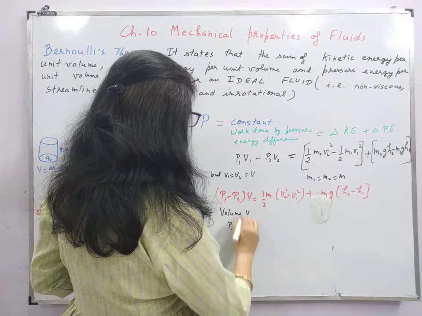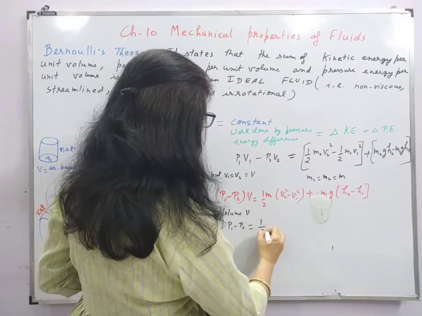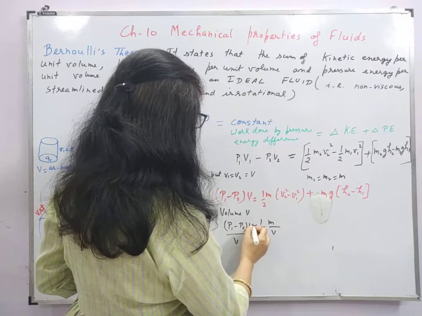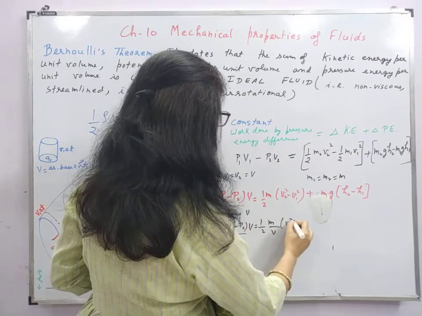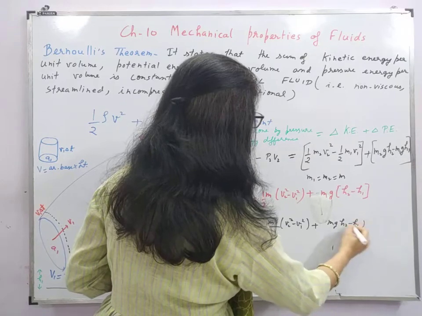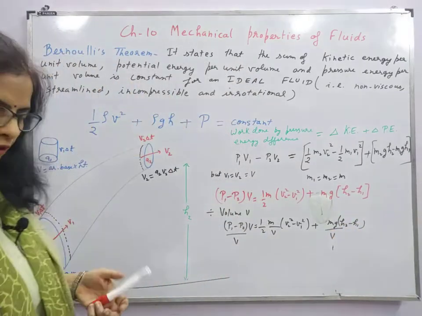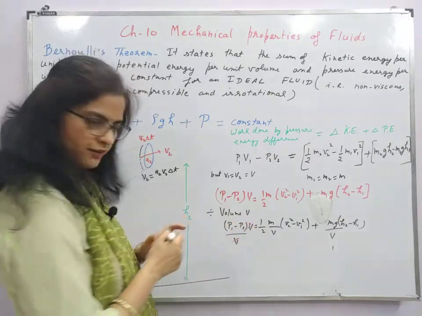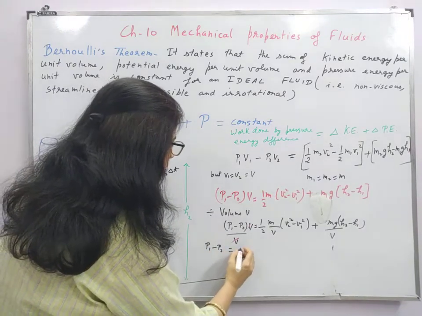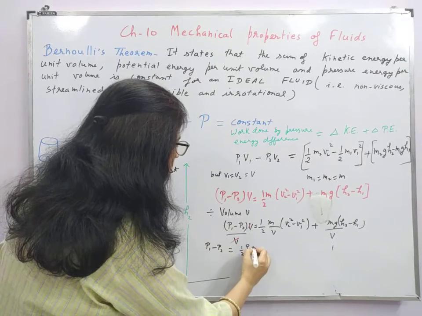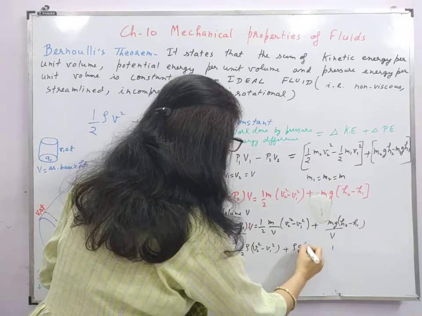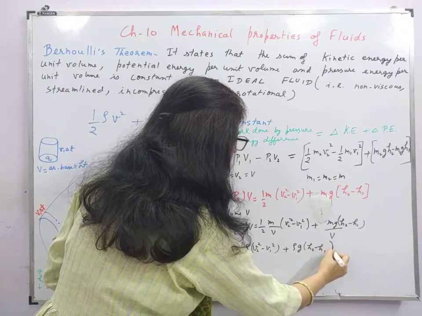P1 minus P2 divided by V, this is half M upon V times V2 square minus V1 square, plus MG H2 minus H1 upon V. From here M upon V becomes rho, and we get P1 minus P2 is equal to half rho V2 square minus V1 square plus rho G H2 minus H1, right?